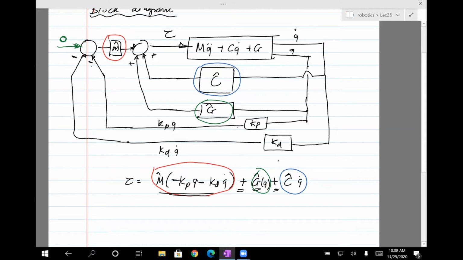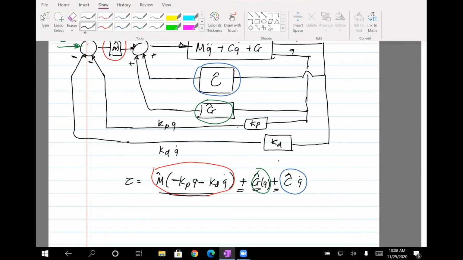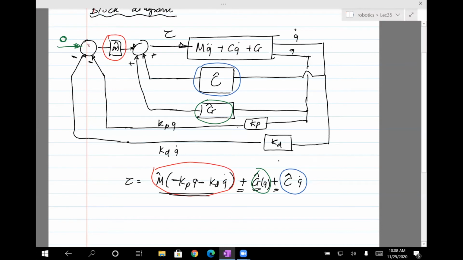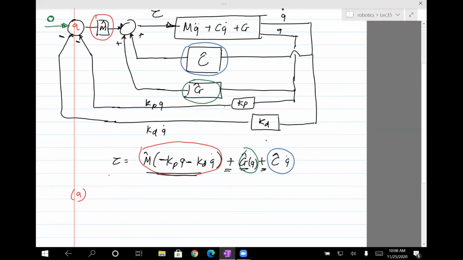So what happens in this block is right here. Let me write that A. In block A, it's basically Kp times Q, Kd times Q dot, because there's a subtraction there. So I just need to put that and then the negative for Kd. This is coming at A, and then it's getting multiplied with M. Over here, if you write this as B, then B is going to be the mass matrix multiplied by Kp, Kd, Q dot.